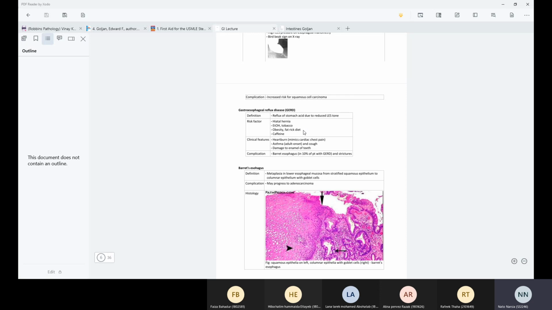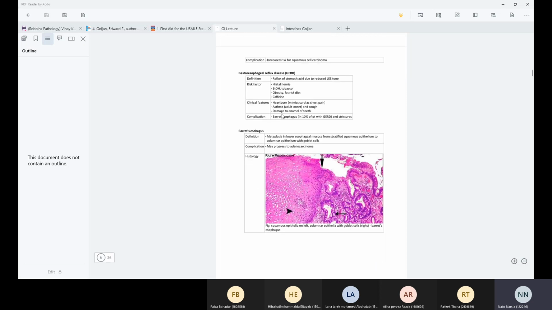So two types of hiatal hernia there, obesity and ethanol, alcohol. Smoking is a risk factor. Clinical features, guys, like each of you knows, GERD has heartburn. And what is the high yield information? Whenever a patient has chest pain and heartburn, you need to make the differential diagnosis.